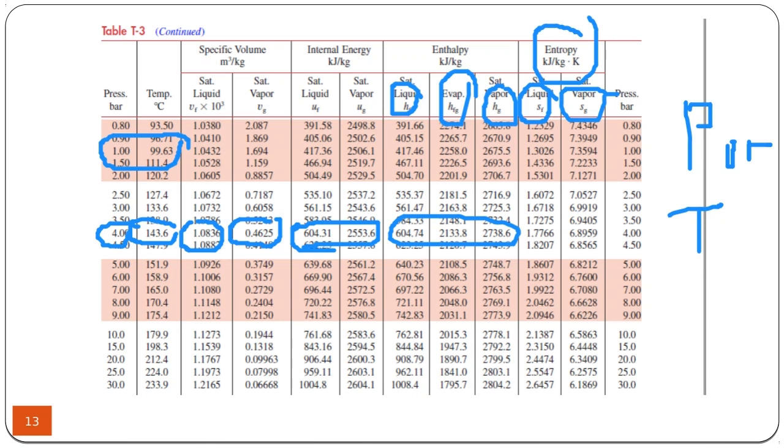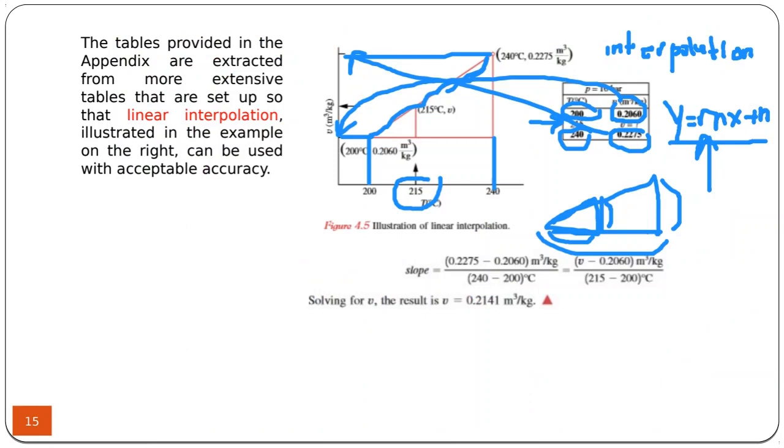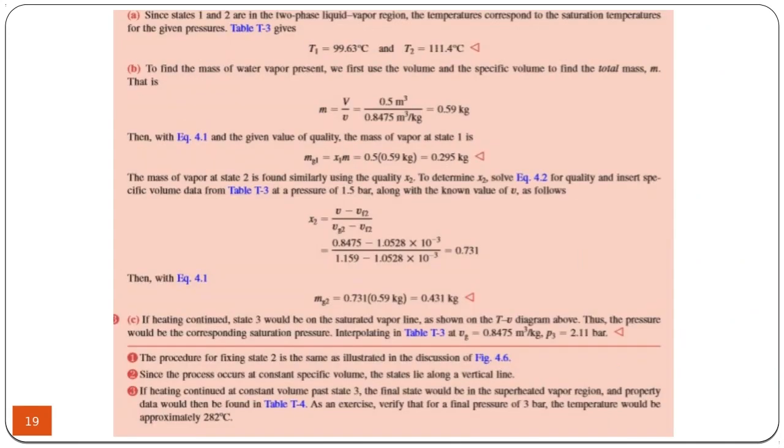We have 0.88 and 0.71, so it's between this and that, and the corresponding pressures are 2 and 2.5. By using interpolation, you can find that the pressure should be between 2 and 2.5, and at the end of the interpolation, the pressure is found to be 2.11.